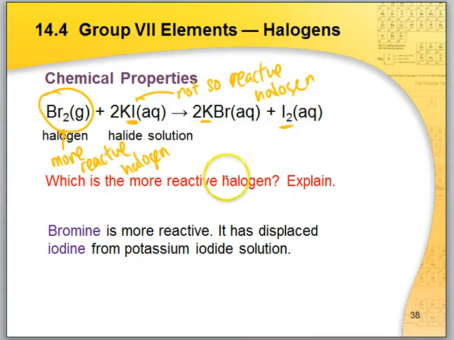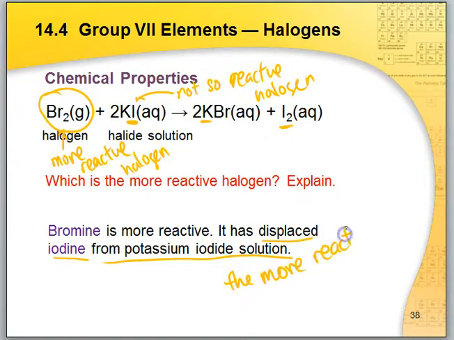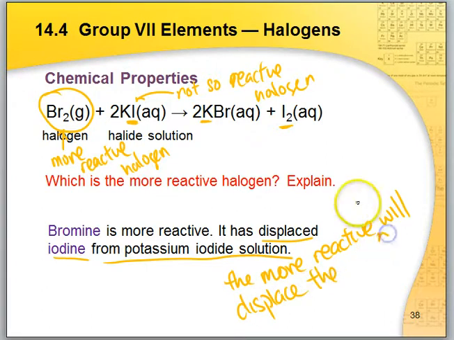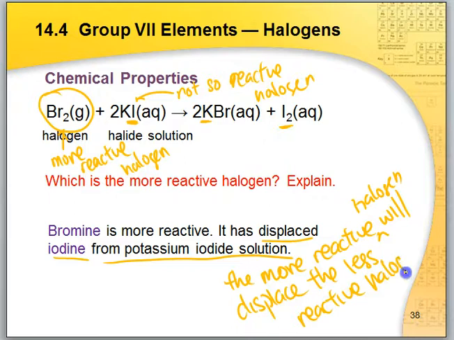So which is more reactive? Bromine is more reactive because it has displaced iodine from the potassium iodide solution. Take note, the more reactive halogen will displace the less reactive halogen. Just take note of this.